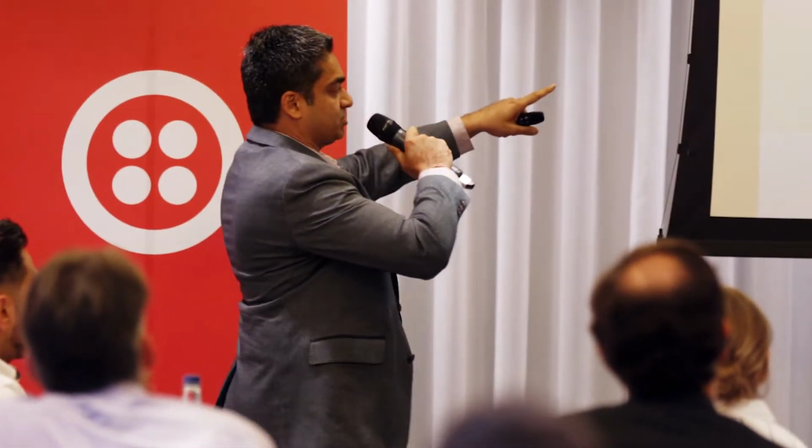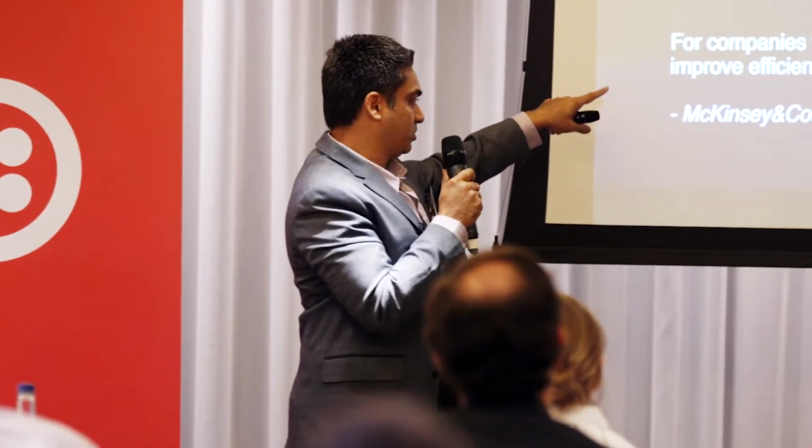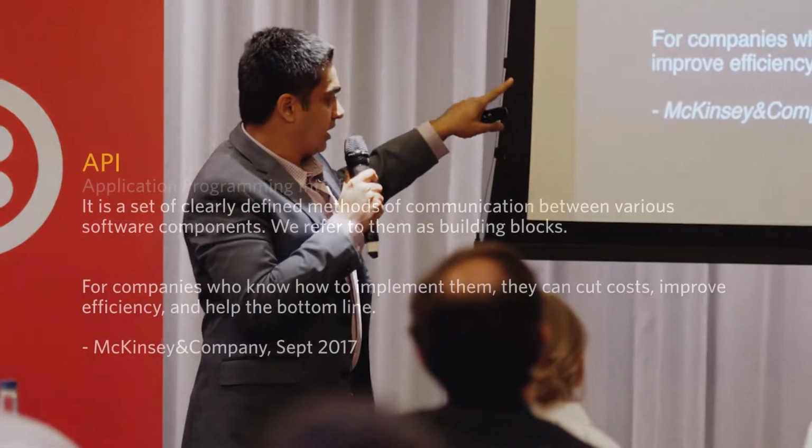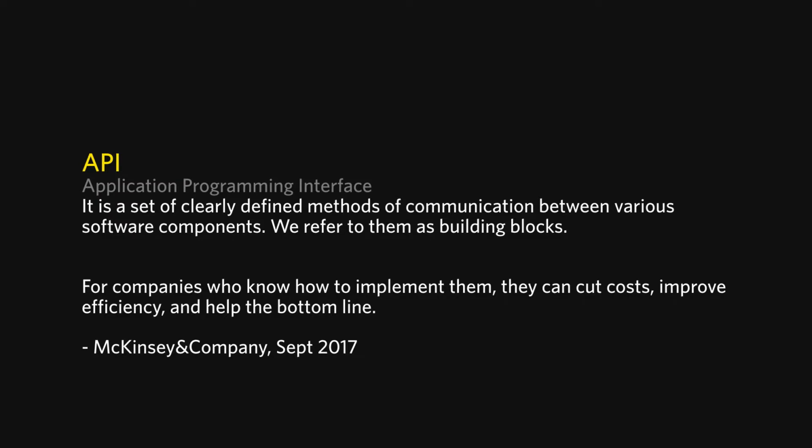Now, this is a quote that I just found literally yesterday reading on McKinsey and Company's website, from September 2017. It says, for companies who know how to implement them, they can cut costs, improve efficiency, and help the bottom line.